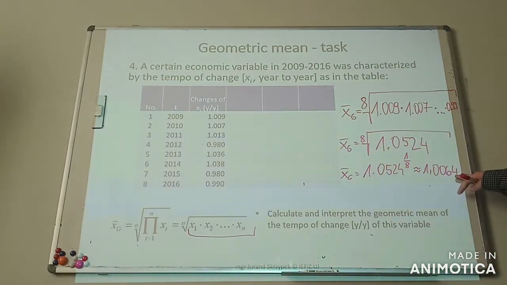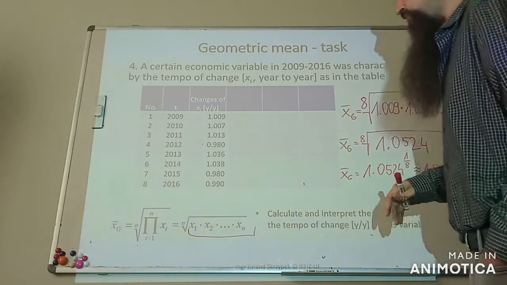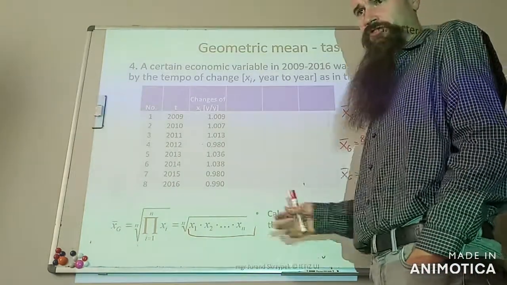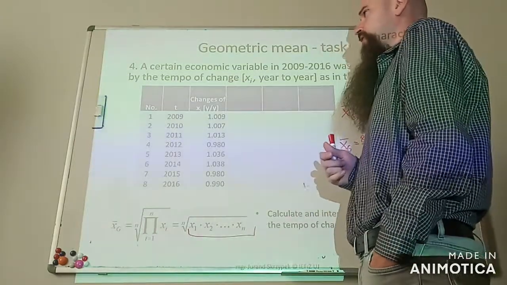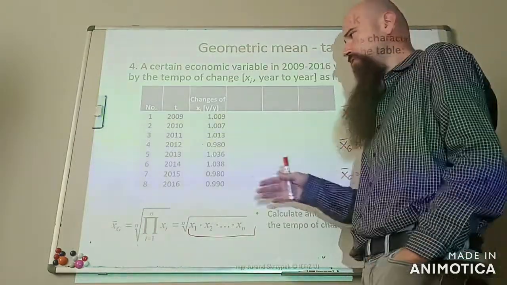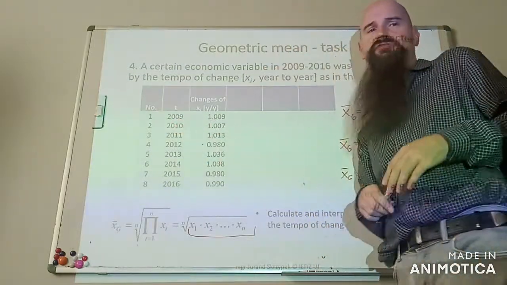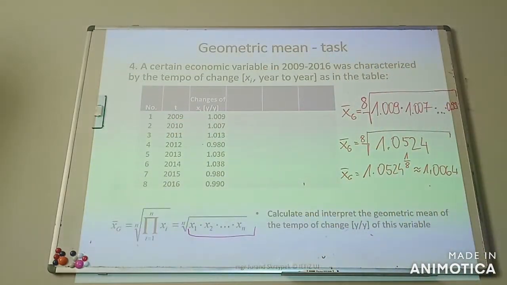So this is an average yearly tempo of change of a certain economic variable in the period of 2009-2016.